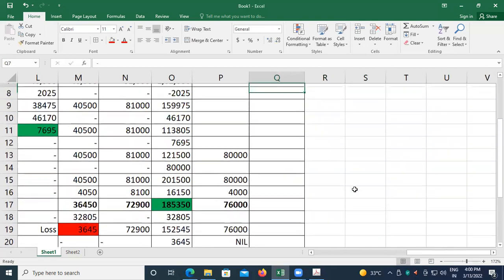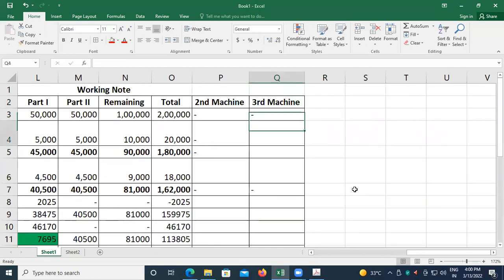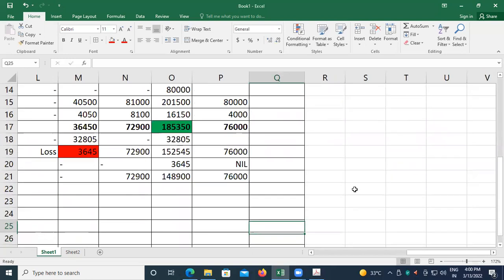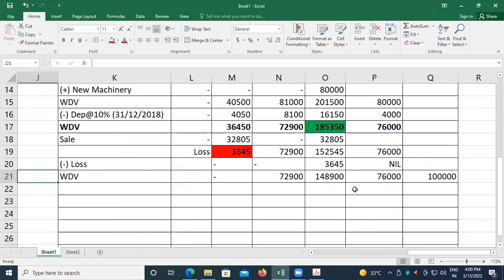I have already prepared the column here: the third machine is a purchase of 1 lakh rupees. So let us add your new machinery in the business. First machine will not have any impact, second is not there, and total value also will increase by how much?